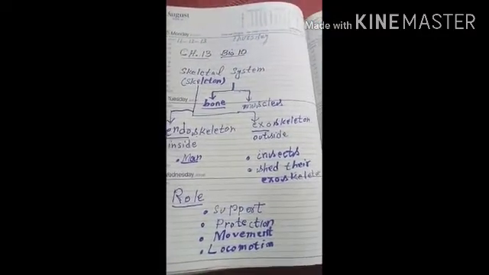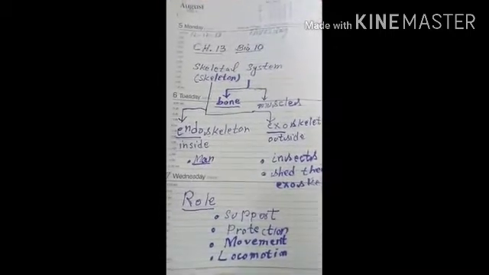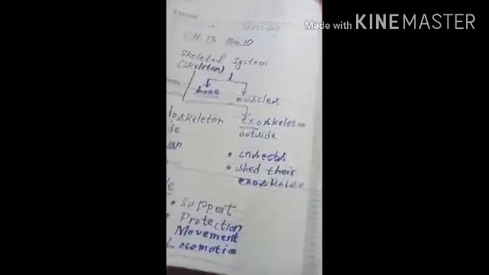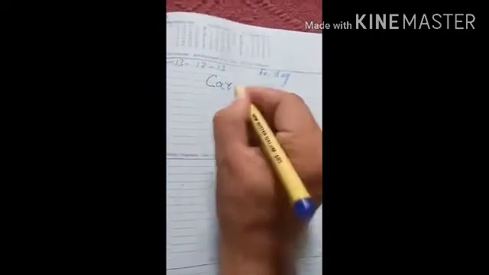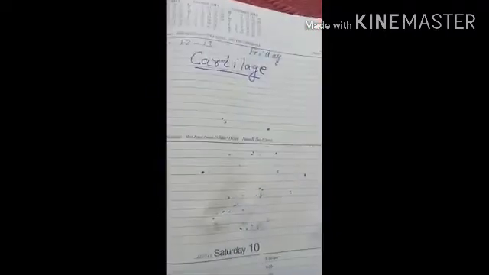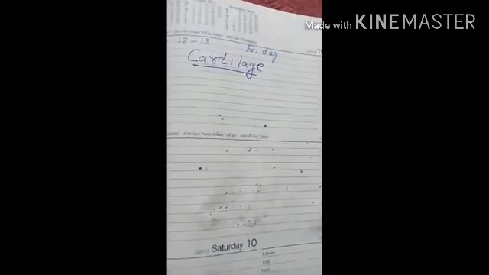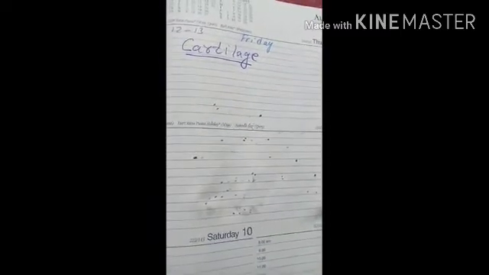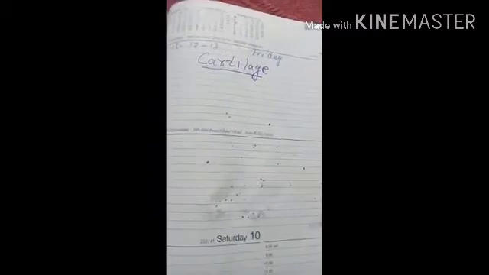Next, our topic will be the components of skeletal system, out of which the main one, as described in your book, is the first one, cartilage. Cartilage is a connective tissue like bone, but it is flexible as compared to the bones.